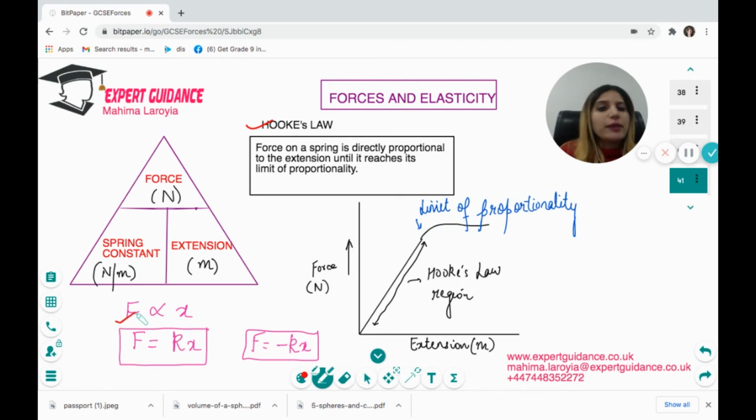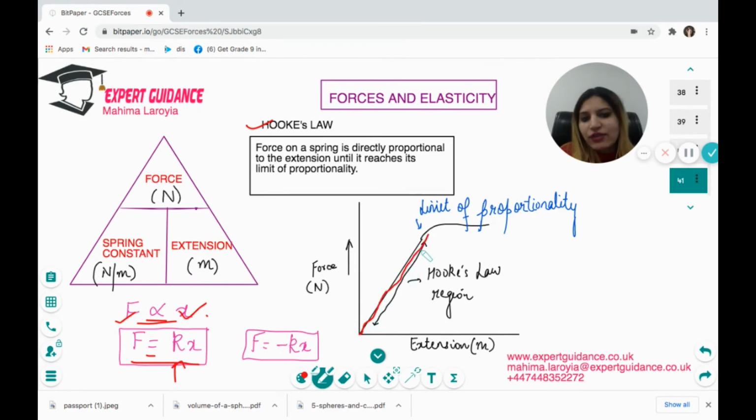So the force you apply is directly proportional to the extension. If you double the force, the extension produced in the spring would also double. So we can write this expression as force is directly proportional to x. To convert the proportionality sign into an equals sign, we introduce a k, which is the spring constant. So that becomes F equals kx.